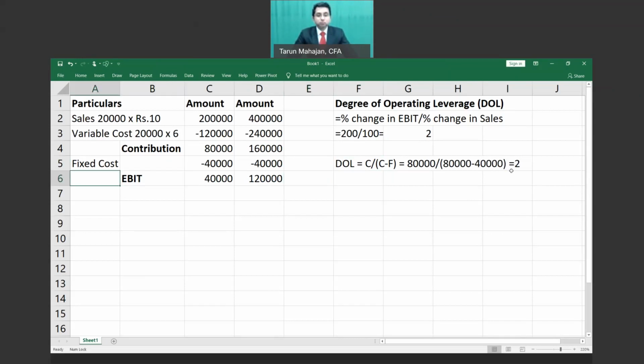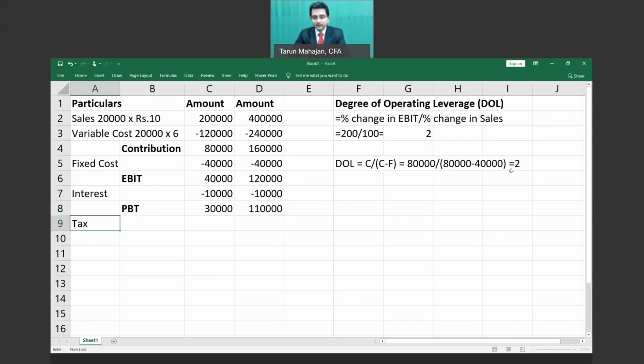If I continue this income statement and suppose I deduct interest, and say the amount of interest is 10,000, it remains 10,000 in either case. When I deduct interest, I'll get profit before tax. And profit before tax is 30,000 and 1,10,000.